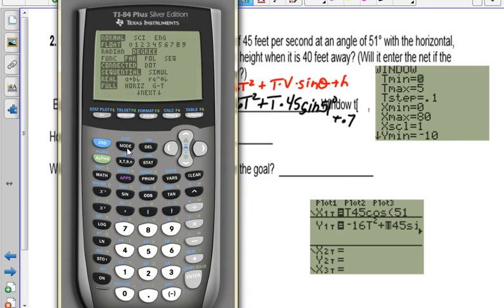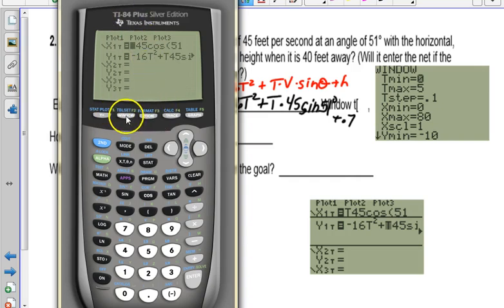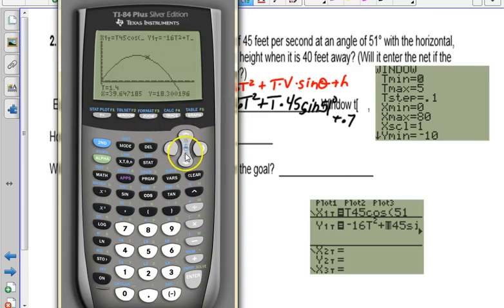Yeah. Anybody see what's different on mine? Because you guys are at 1.2, right?